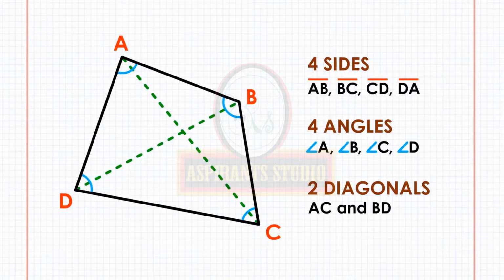Now, the 4 angles are angle A, angle B, angle C and angle D. If you are going to consider the 3 letter names, then it will be angle DAB, angle ABC, angle BCD and angle CDA. Here you can see 2 diagonals. Segment AC and segment BD are the 2 diagonals in this quadrilateral.